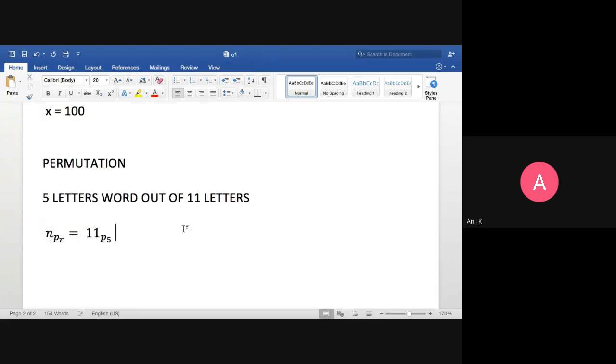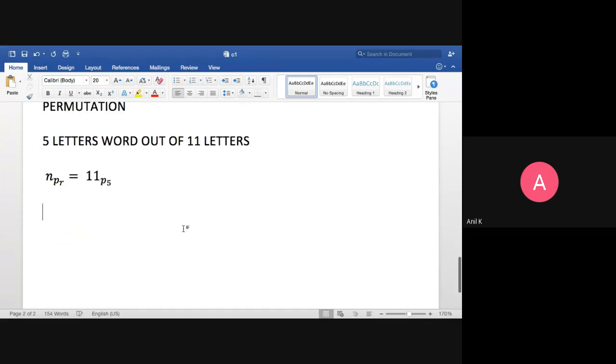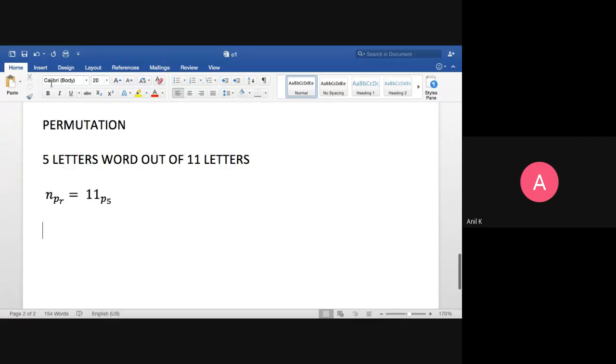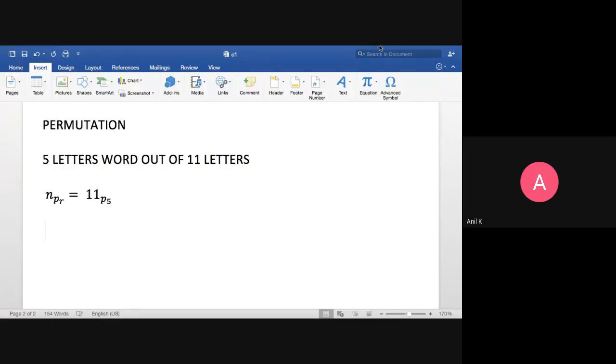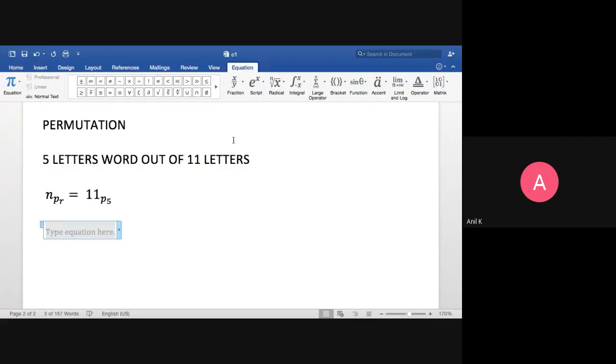Here the formula is going to be, let me write here. For example, T is repeating twice. In the numerator, you are going to get 11 factorial only, as usual, 11 factorial upon 11 minus 5, because you want to make a 5-letter word. Here one extra term will come, 2 factorial.